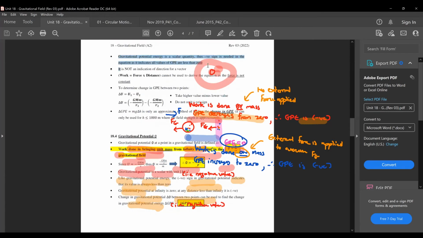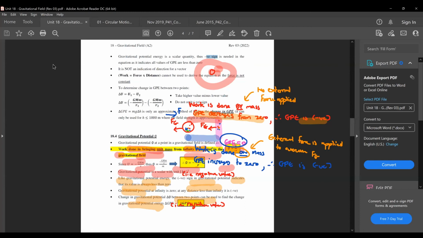Because gravitational potential energy is a scalar quantity. It does not have any direction, only value, only magnitude. If you have any negative sign, it is already an indication of your value, not direction. What I mean by that is this, maybe it's a bit confusing for you.